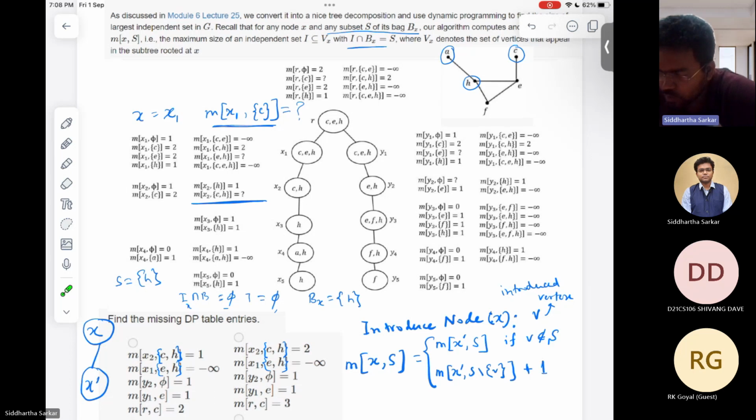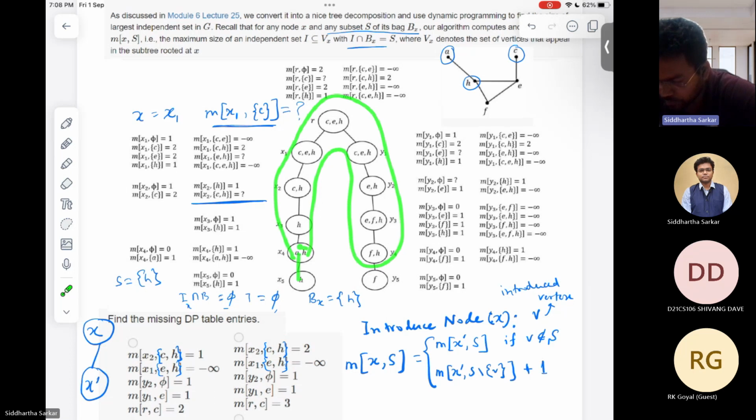The way to compute these table entries is to go bottom up. First you look at the leaf nodes and then you look at their parents. Basically leaf nodes are empty nodes which we are not showing. So from the empty nodes we look at their parents, and everything else are internal nodes.